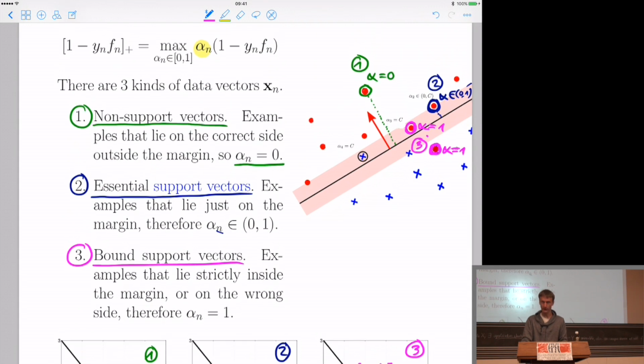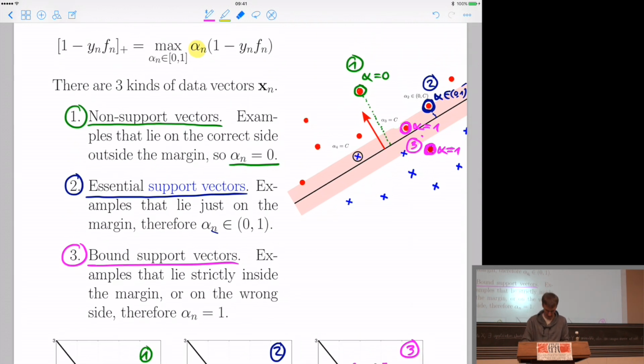So why is this thing called the support vector machine? It's because the whole thing, the classifier, is defined by only the ones with the non-zero alphas. Because the ones with 0 have no influence. But the support vector points, if you knew these, then you could just train on them. You would get the same classifier. But you don't know at the beginning, so you just train on all of them.